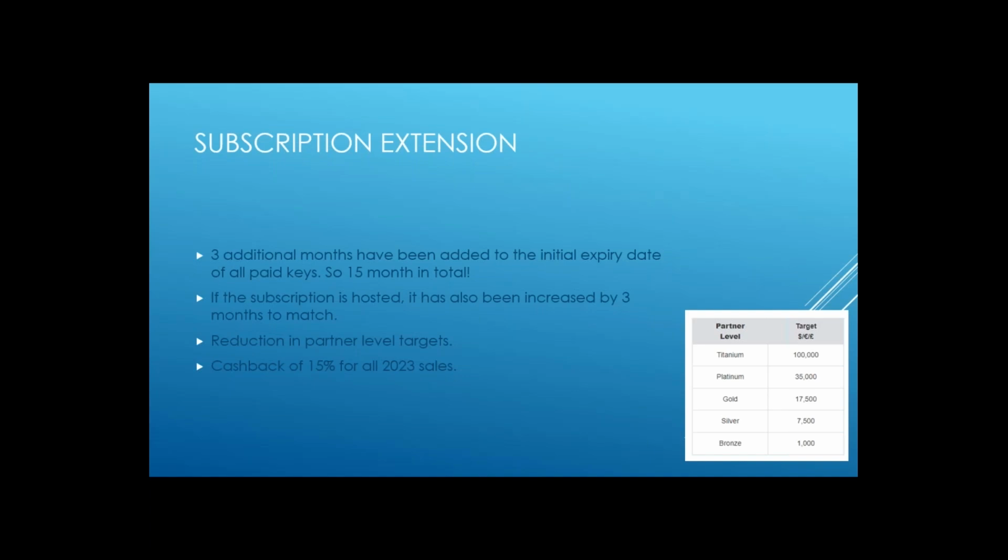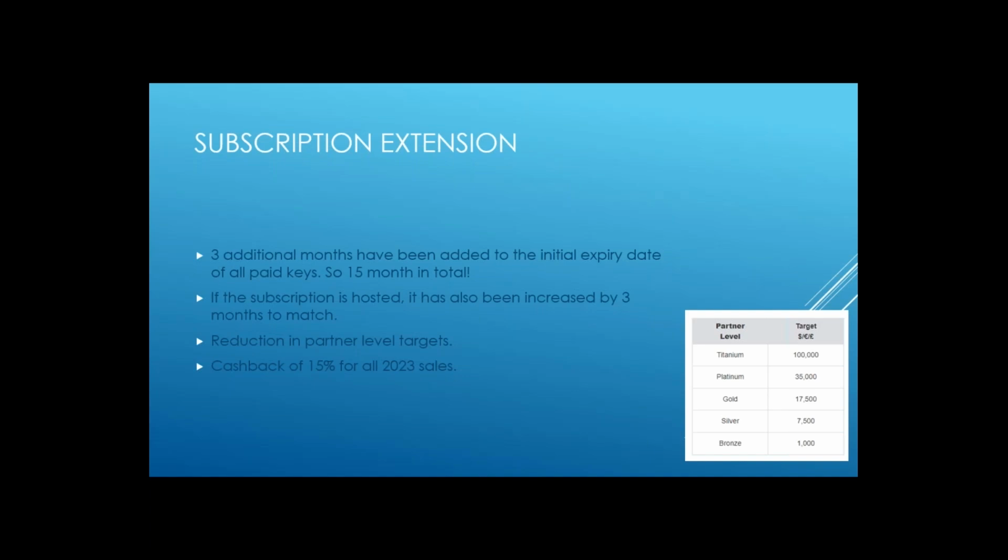So Titanium now 100,000 in revenue, Platinum 35, Gold 17.5, Silver 7.5, and then Bronze still at 1,000. So that should help out in terms of that 3 months. Hopefully it's only a net positive really, because you're not going to be affected with your partner level target either, which is really nice.